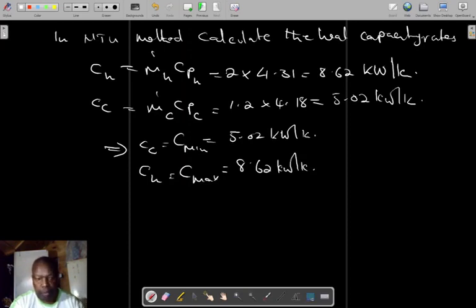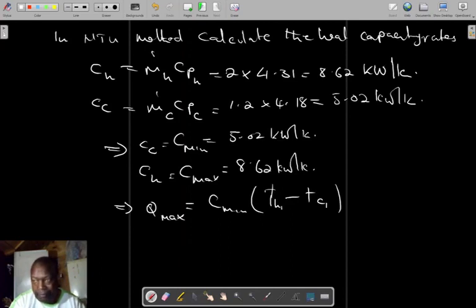Now we are armed with the two capacities and can go ahead and calculate our Q max, which is C min times Th1 minus Tc1, equal to 5.02 times 160 minus 20, and that is 702.8 kilowatt.